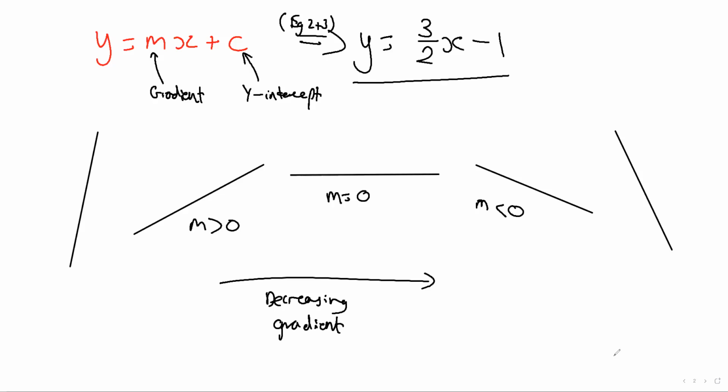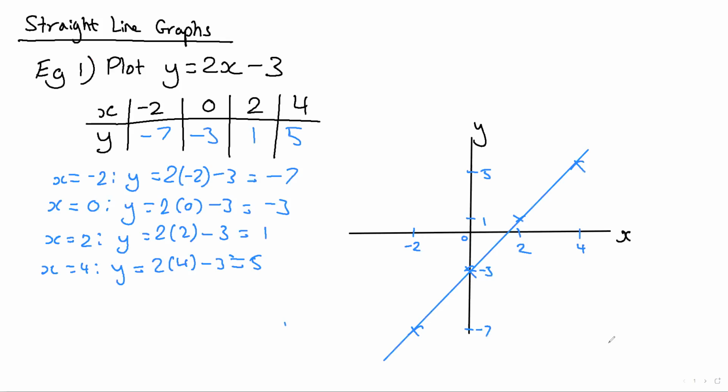So now that we've learned how to find the equation from a line, let's do the opposite. Let's try and draw the line from the equation without using this method. We can use an easier method.